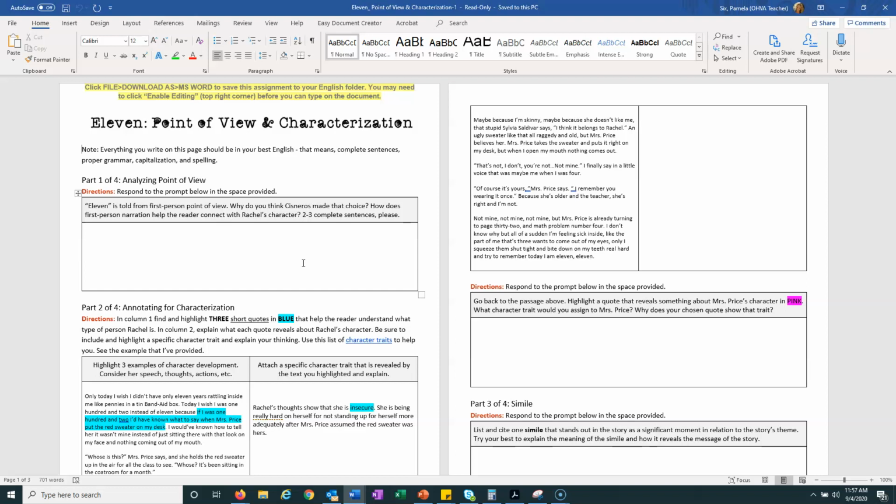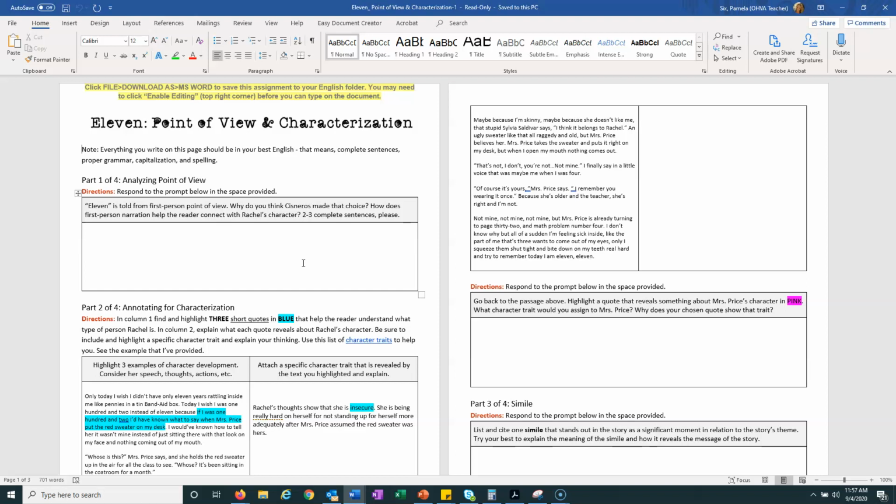So what I want to make sure that you're understanding with annotation is that the biggest thing is to follow directions, okay? So I know you're going to want to go in and just do this assignment, and I know I've done that in the past myself. But for these assignments, it's very important to follow specific directions, okay?